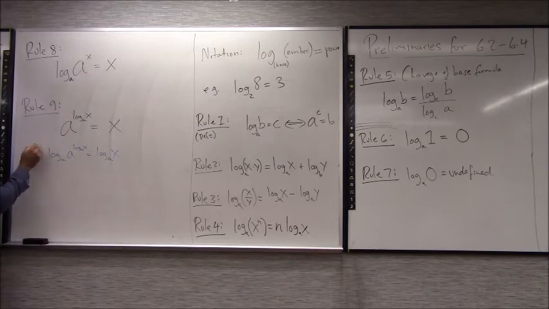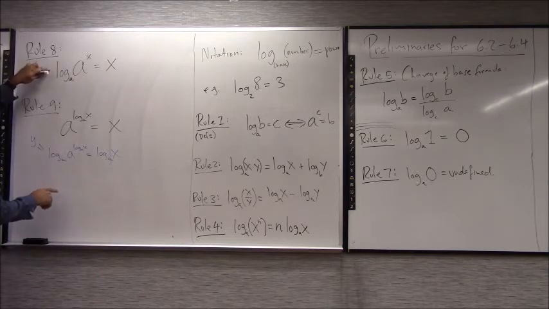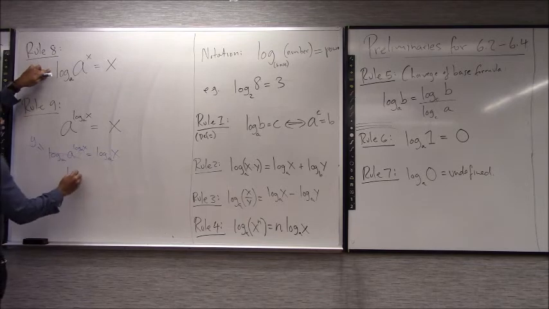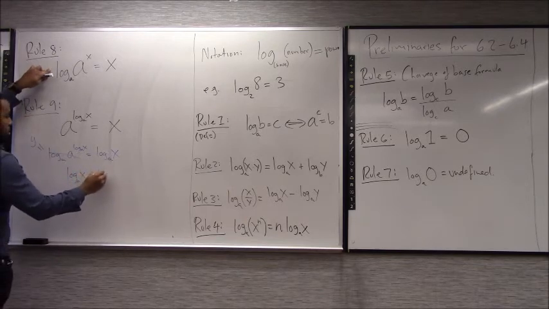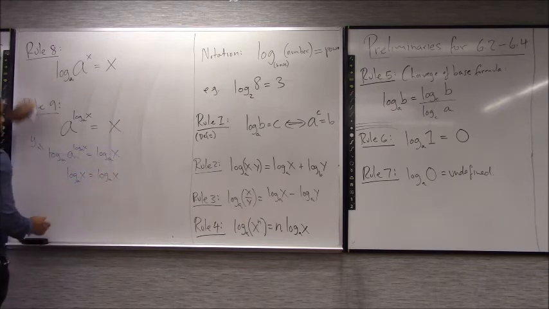I don't know what this thing is, so I can set it equal to y, for example. And because of the previous rule, the log and the exponential cancel, and this gives me log to the base a of x equals log to the base a of x.